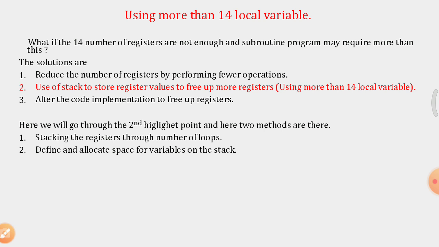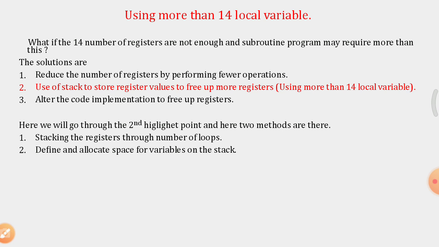The second point is use of the stack to store register values to free up more registers. This is what we are going to discuss now, using more than 14 local variables. The third point is to alter the code implementation to free up the registers. Again, this may lead to issues. So we'll explain the second point here.